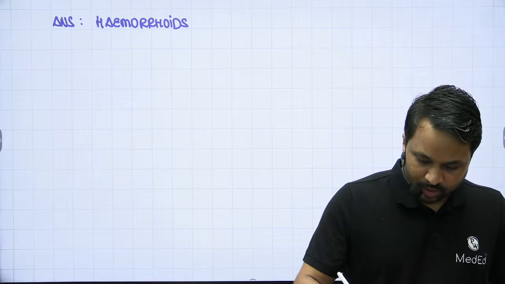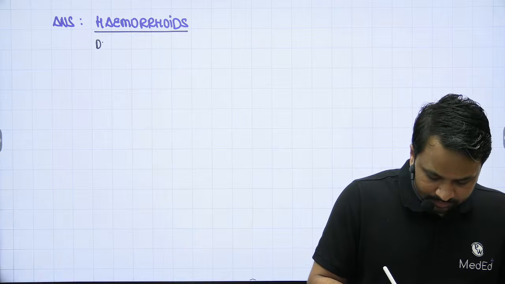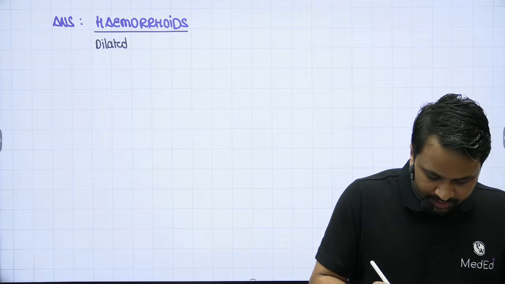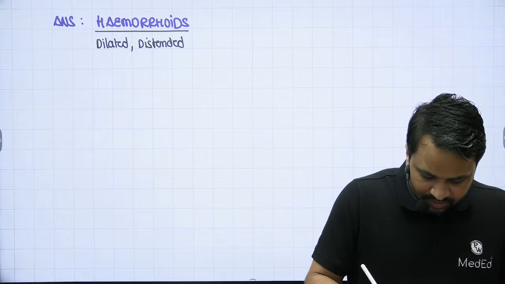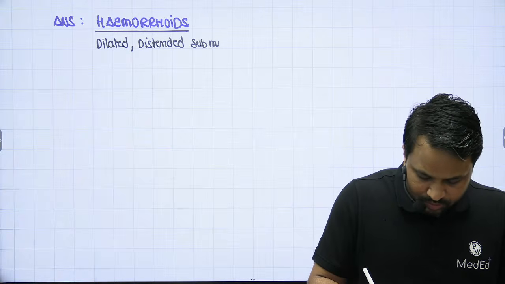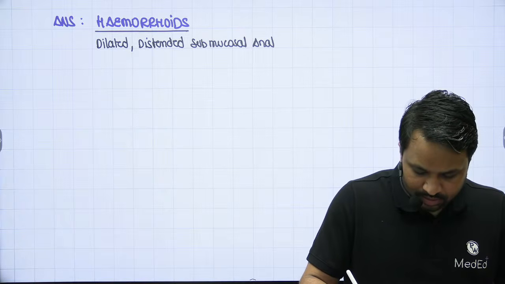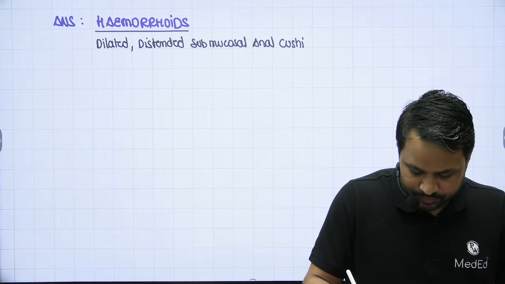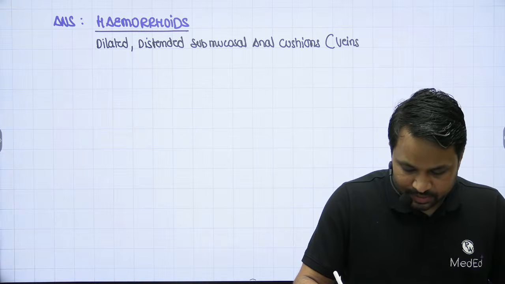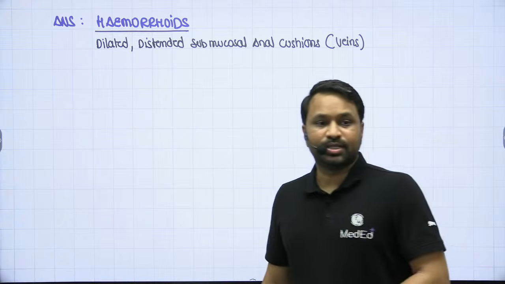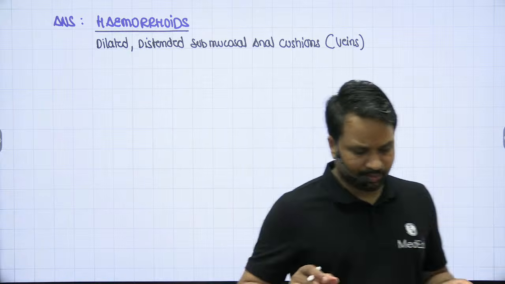Now, hemorrhoids are classically defined as dilated, distended, submucosal anal cushions. So these are nothing but the veins which are draining the submucosal segment.